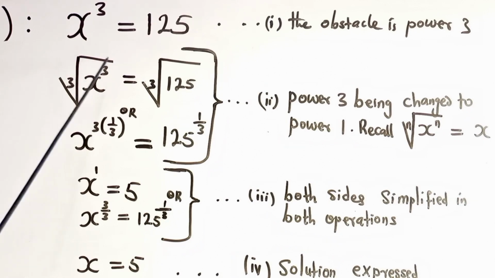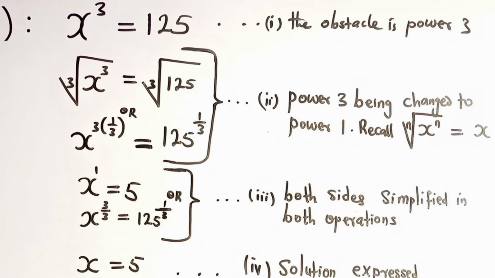But because what we are seeing here is x to the power 3, only the cube root can clear it and make it become power 1. Therefore, I am introducing a new operation into this x to the power 3 to achieve a goal. The goal is to make power 3 become power 1.